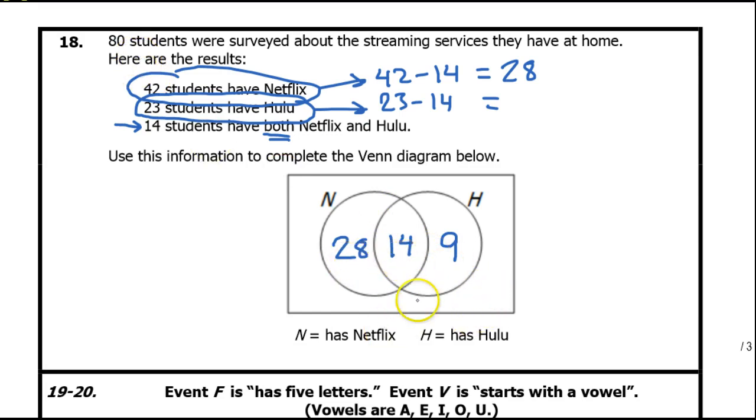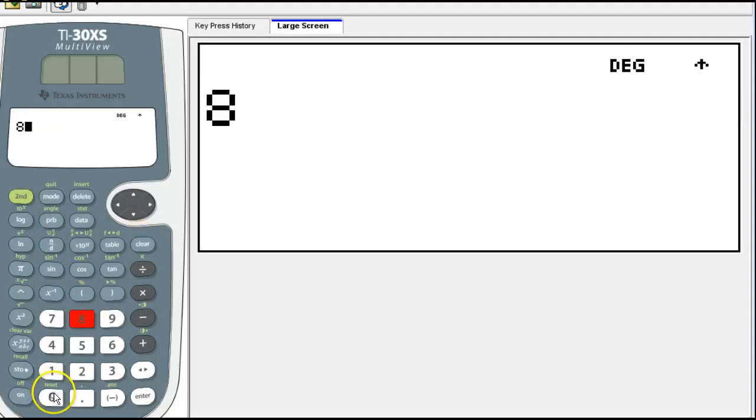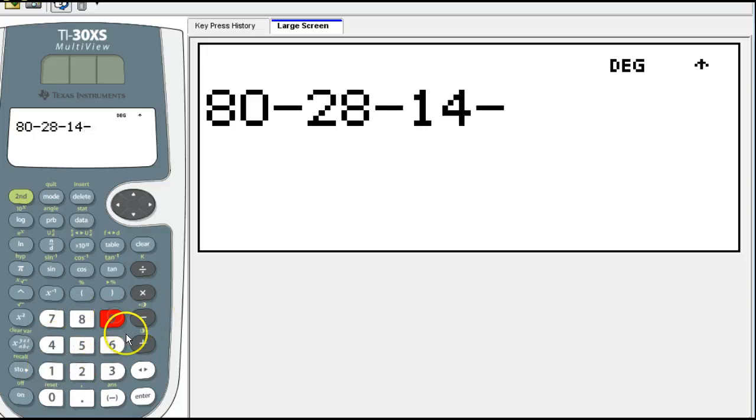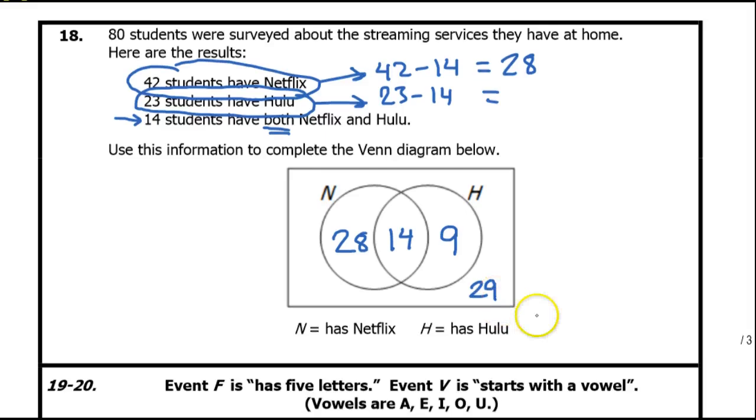So 28, 14, 9. So that's 29. Okay, so now all 80 students are accounted for. This is your Venn diagram.